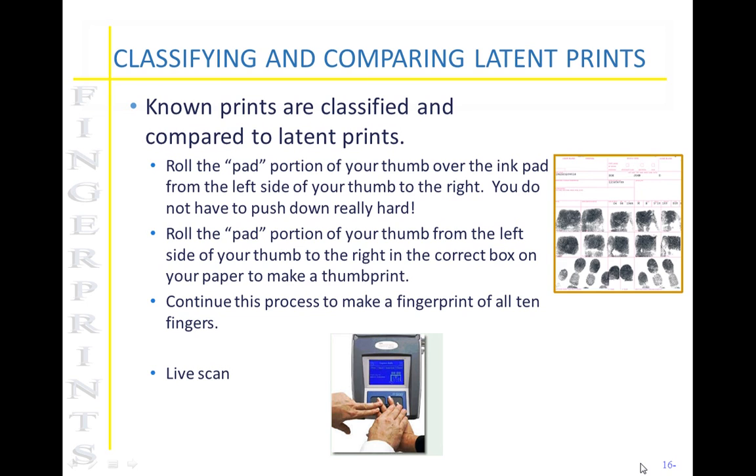They want to make sure that they always collect all 10 fingers, since the fingerprint patterns and the minutiae can vary from finger to finger. This can also be done through the use of a computer program which develops a live scan of that fingerprint.